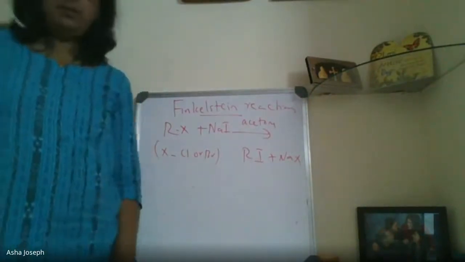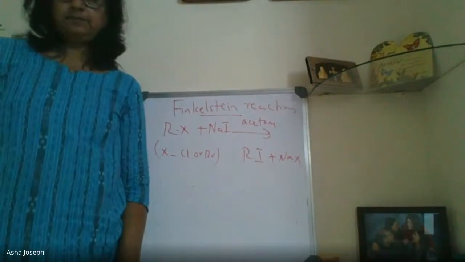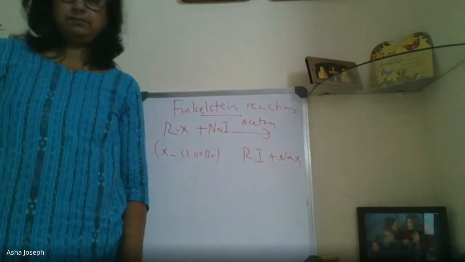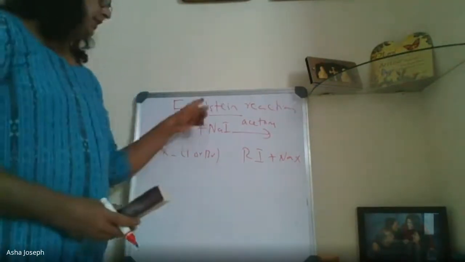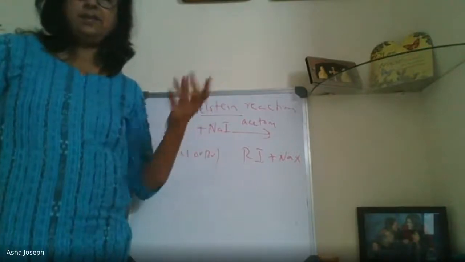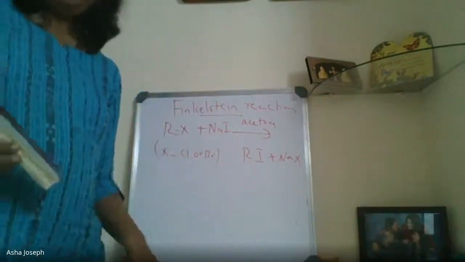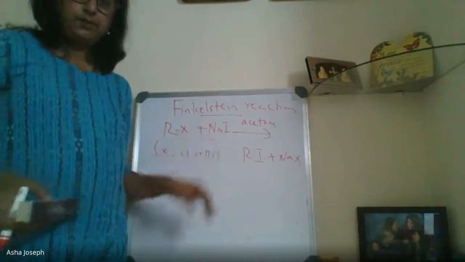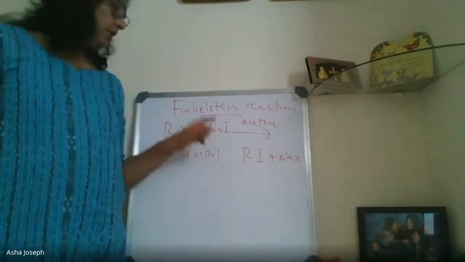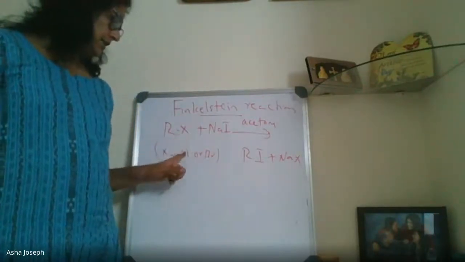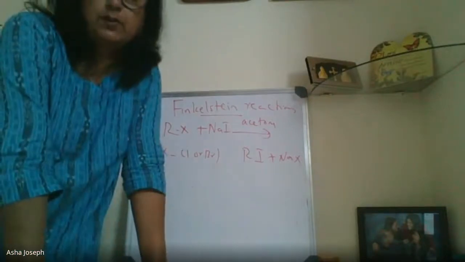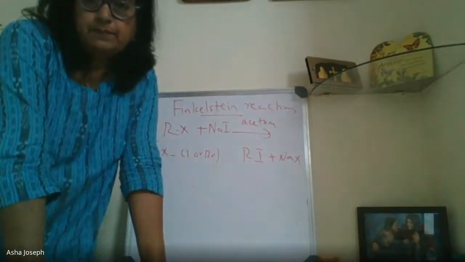Any doubts? Have you understood? This is a name reaction. Like so many name reactions, you learn them by heart. If you are writing RX, you have to say X can be chlorine or bromine.